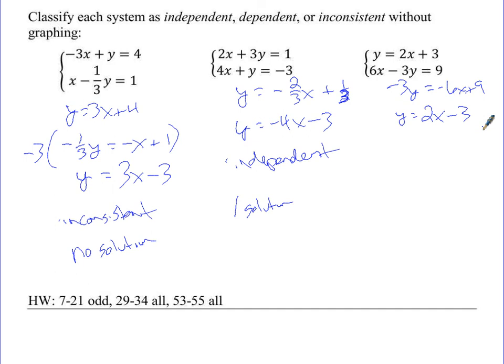Compare the y-intercepts. They're different. So these two lines, if I were to graph them, are actually parallel, which means I have inconsistent again, which means there's no solution. That's the section. So let's do next time.